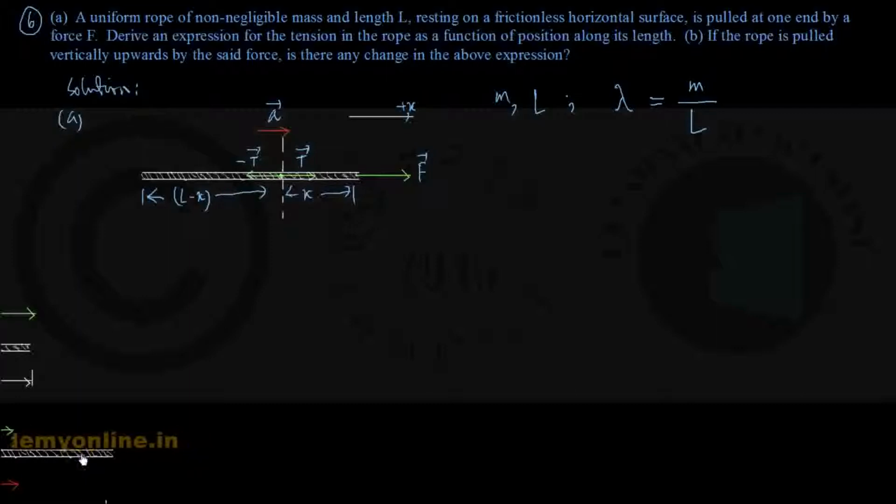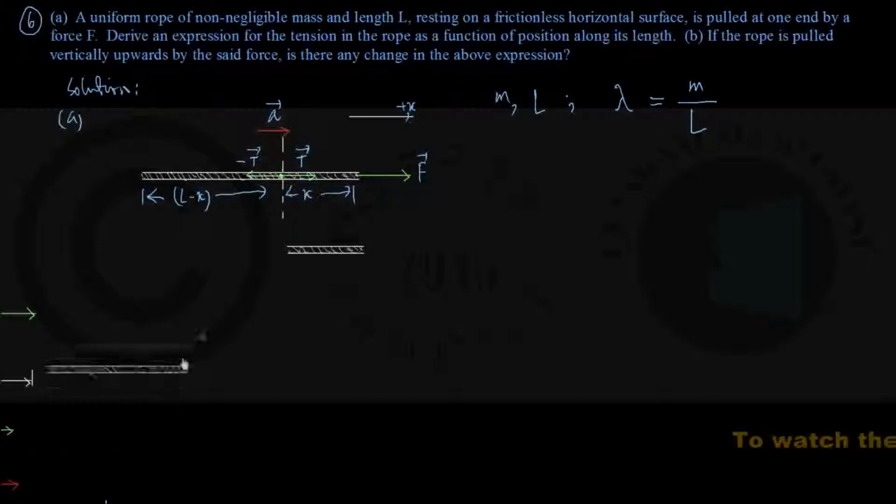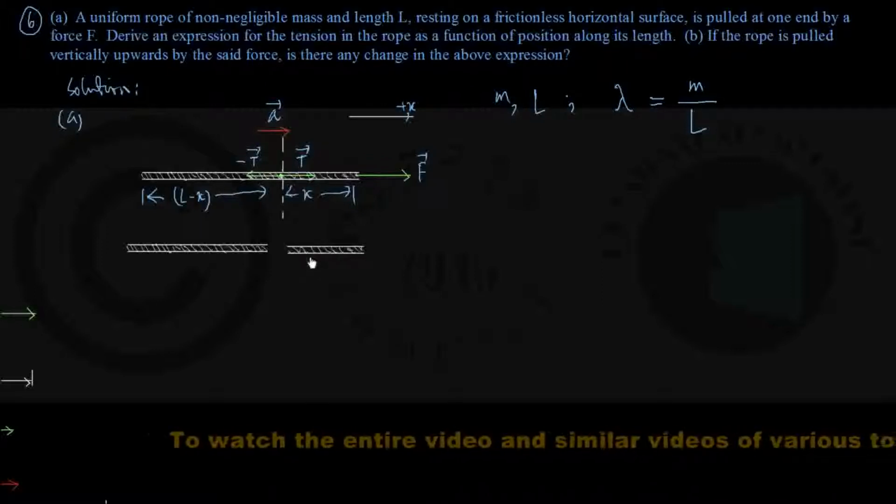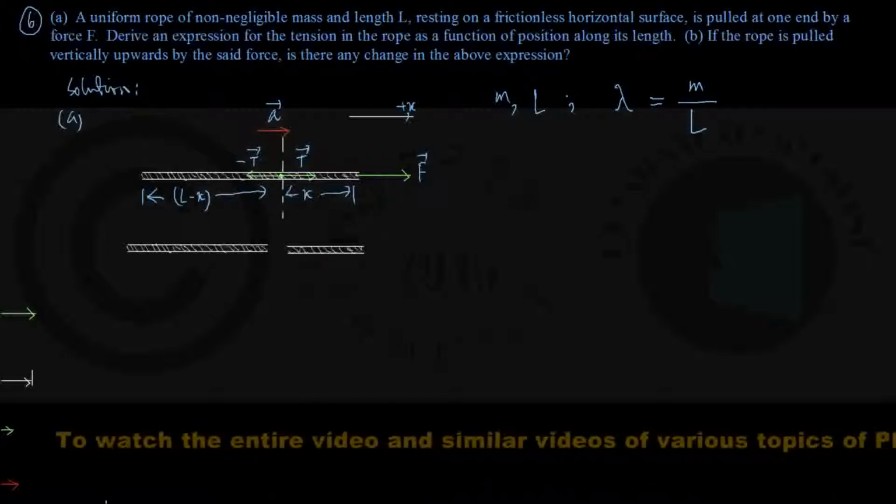With this, let us proceed to draw the free body diagrams of the two parts into which the rope is being broken. As the rope is cut into two parts, the two sides look like this. I'm going to draw the FBDs of these two portions, identify the forces acting on them, write equations of motion, and proceed accordingly.